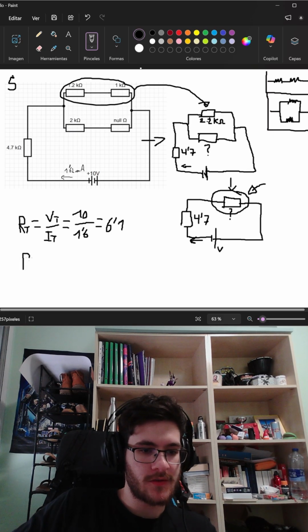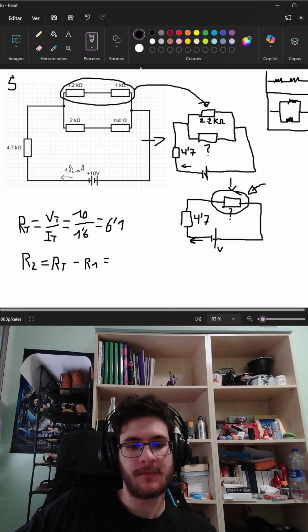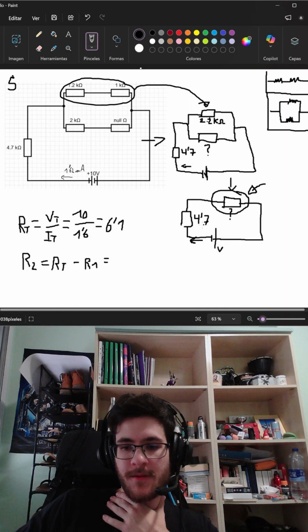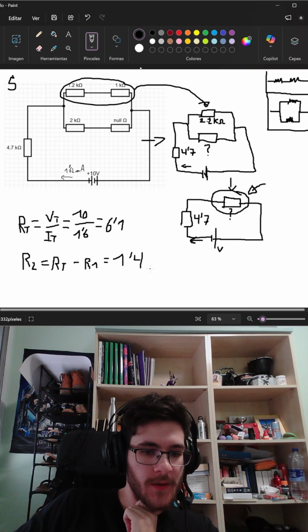So resistance 2 will be the total resistance minus resistance 1, and this gives us 6.1 minus 4.7, which is 1.4 kilo ohms.